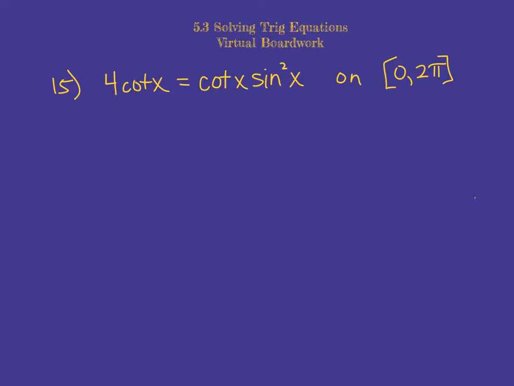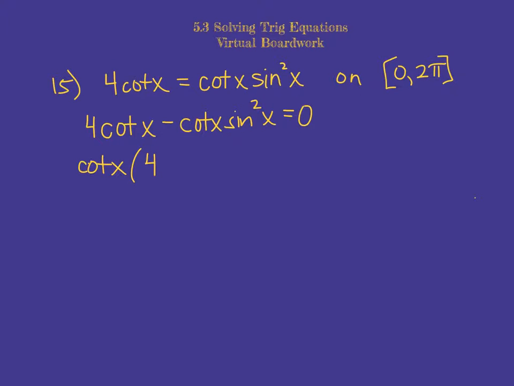All right, we're going to get this to 0, so I'm going to subtract what's on the right-hand side. So we're left with 4 cotangent x minus cotangent x sine squared x equals 0. I just subtracted this term from both sides. Now we can factor out the greatest common factor between the two terms, which is cotangent of x.